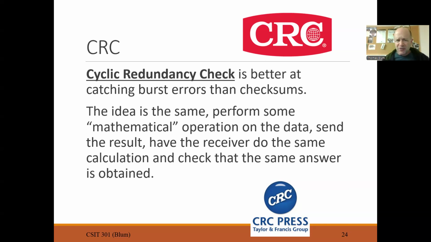So that's how they're the same: there is the data, some operation, the check, and the sender and the receiver. One of the differences is that the cyclic redundancy check is going to be done serially.